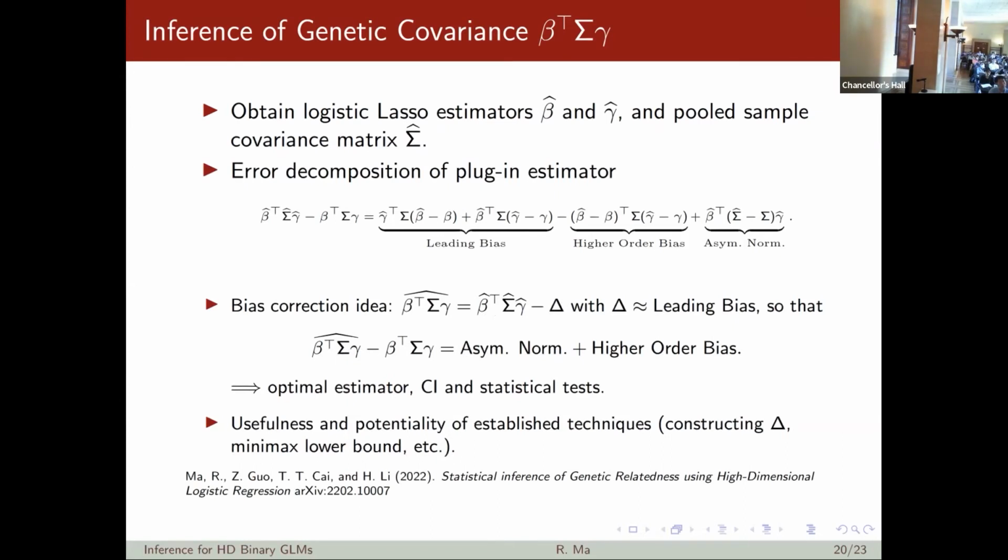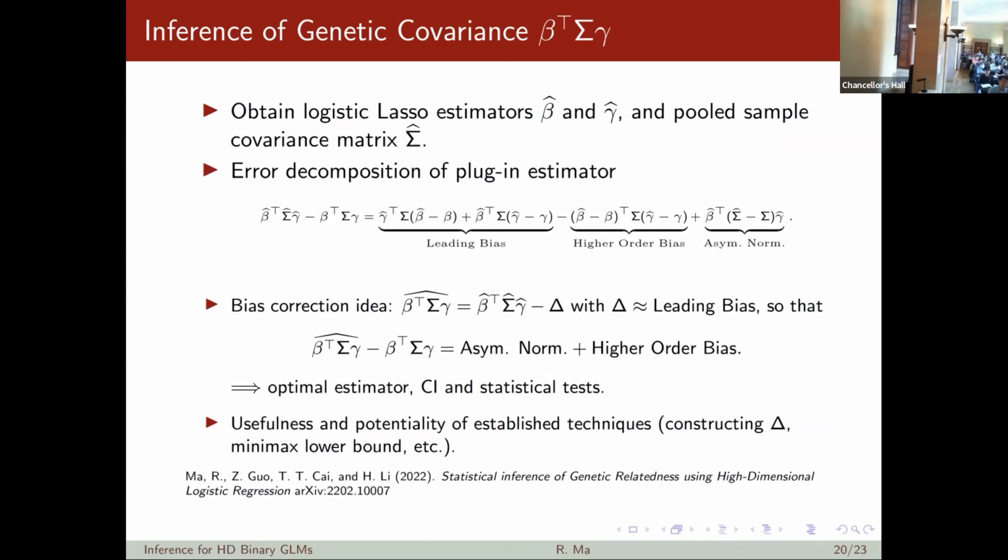And here, although without much detail of what we have done, the main idea is to point out that the general proposal in the previous part of the talk is useful and has potential for other inference problems in terms of constructing the de-biased estimator, and usually it will lead to optimal procedures.